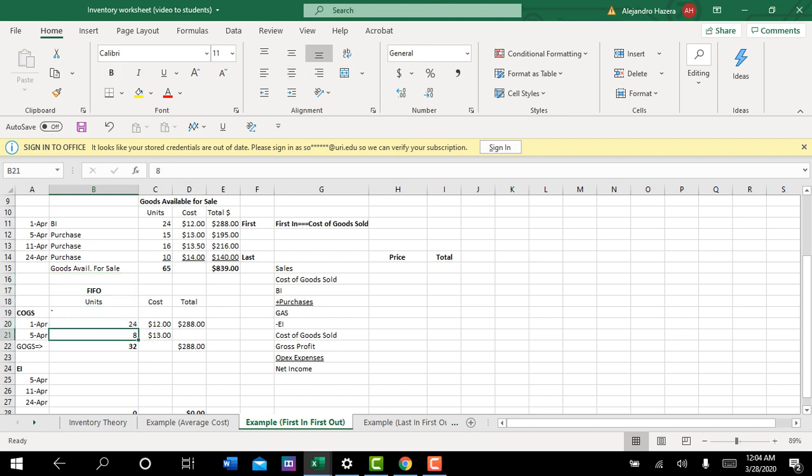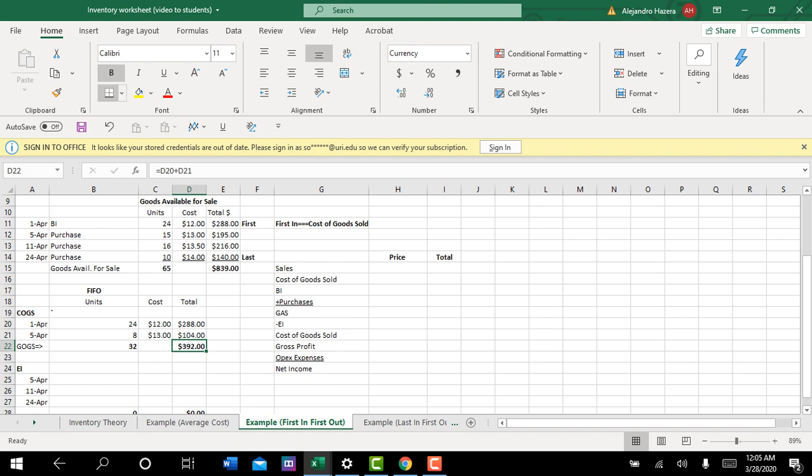Okay, so if we just copy this down, we are going to get total cost of goods sold of $392. It's $392. And we did that by using the first in, first out assumption. The early units are first in, first sold.